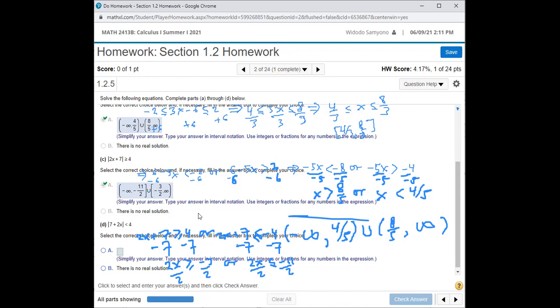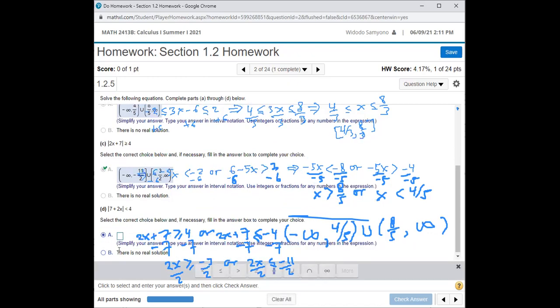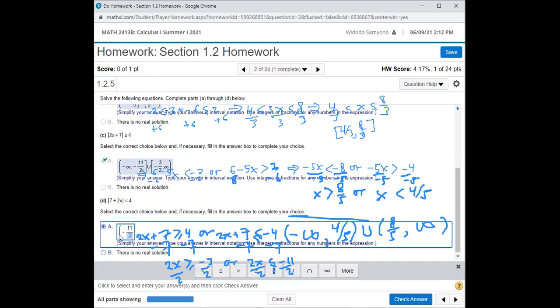On the left side, there's -4. -4 minus 7 will be -11, and then divide by 2, right? So it will be parentheses -11/2, right? And now the right side will be 4 minus 7, which will be -3, and then divide by 2, right?